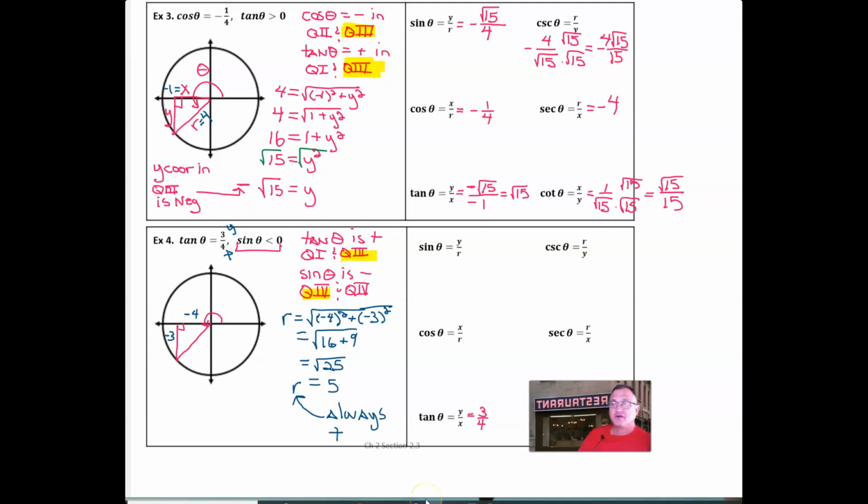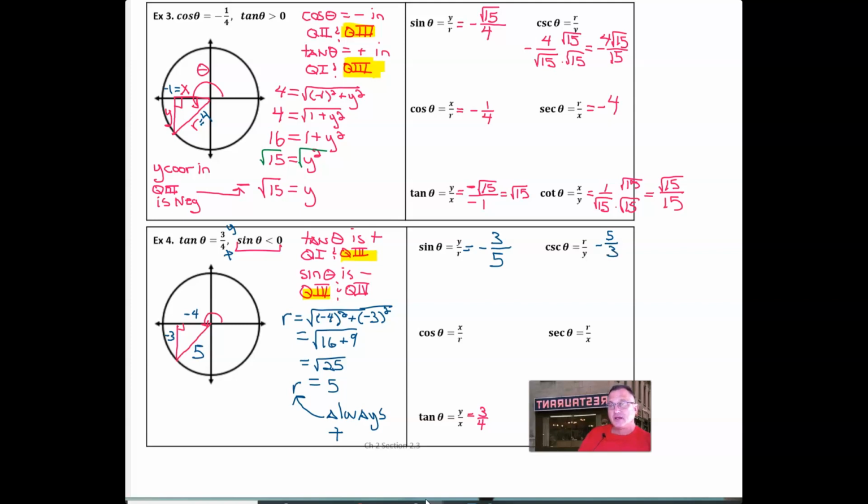Now we just fill in our ratios. So sine in quadrant 3 is negative. So I'm going to have negative, y is 3 and r is 5. Okay, flip those and I get negative 5/3.